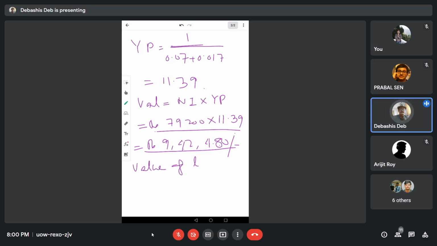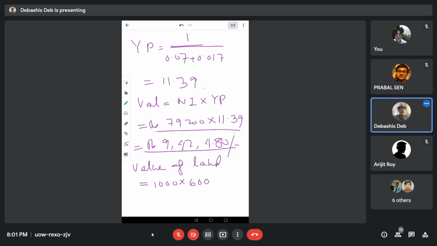Value of land. What is the value of the land? We mentioned the area of the land. What is the area of the land? Then what is it, 10,000 or 1,000? 1,000 into value of land in the neighborhood, 600.